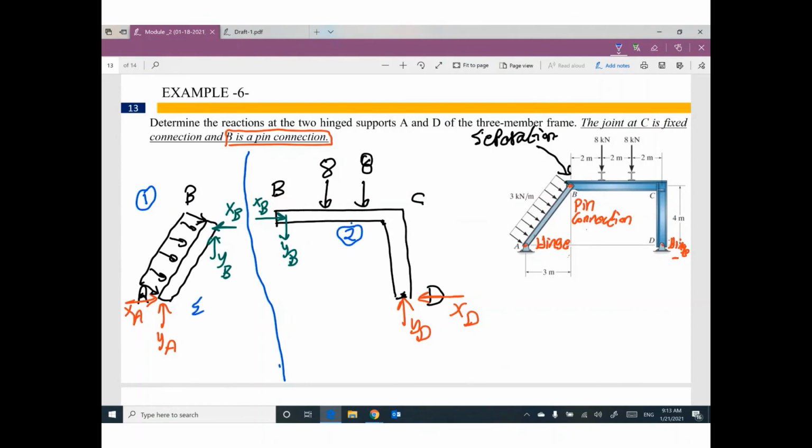I will apply summation Fx equals 0, summation Fy equals 0, summation moment at any point equals 0 for the first part. The second part is the same. So I can solve for all of these reactions.